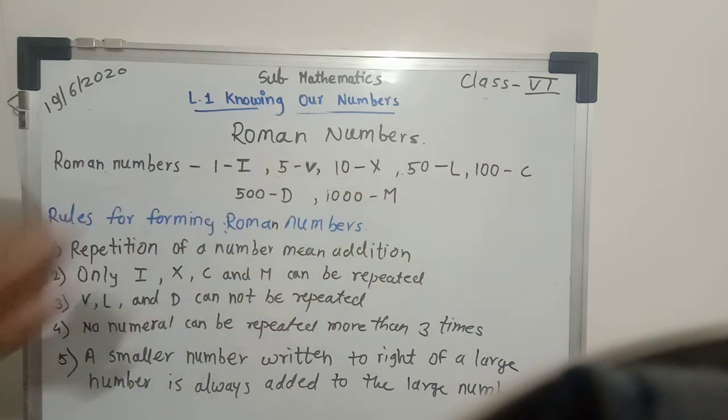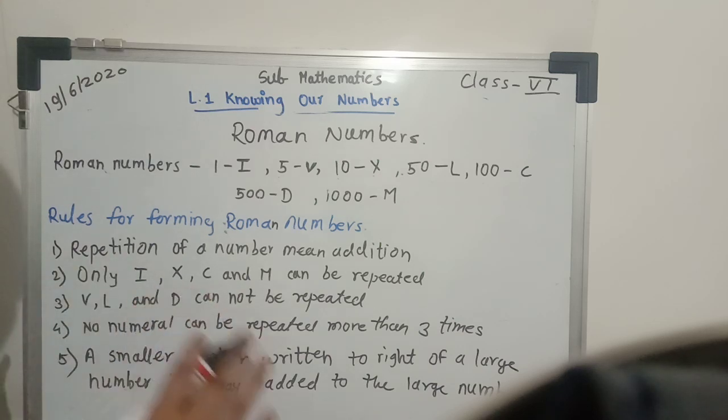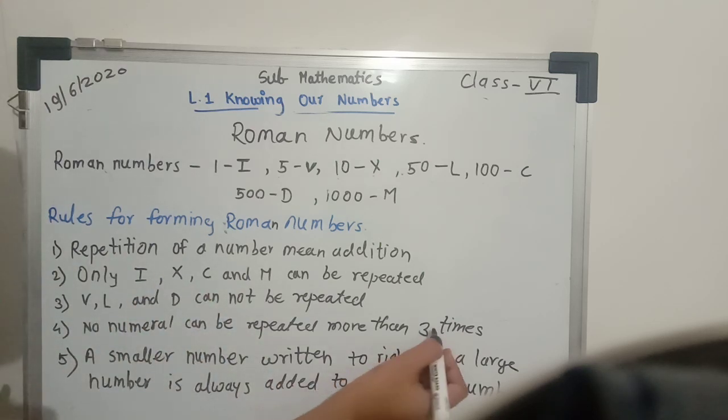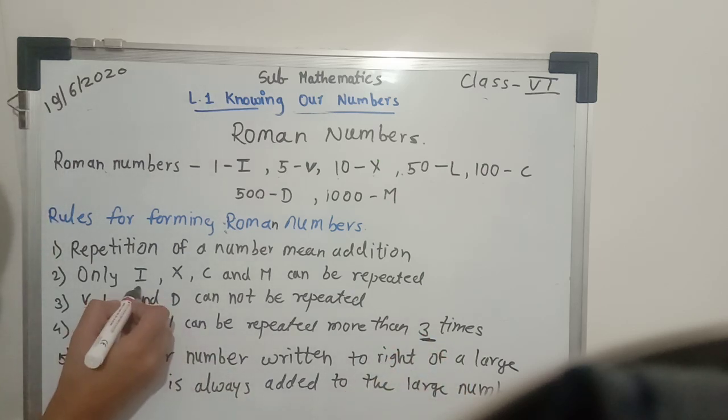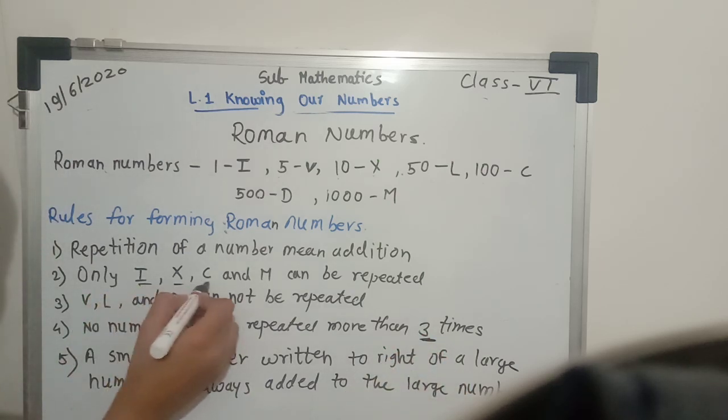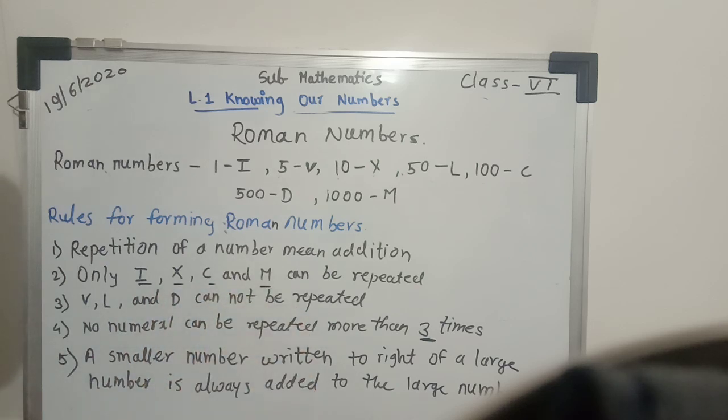So these Roman numbers cannot be repeated. If you are repeating any number, you can repeat it only 3 times. If you repeat more than 3 times, the formation of that Roman number is wrong.